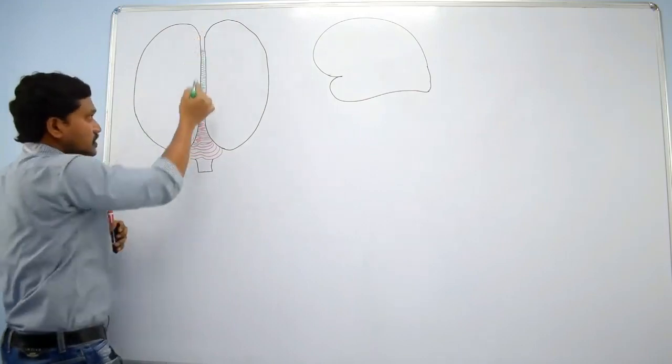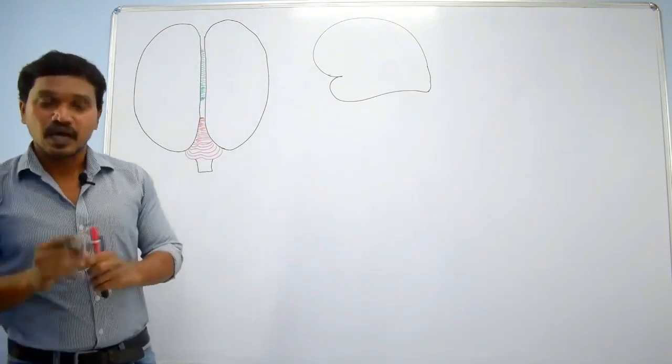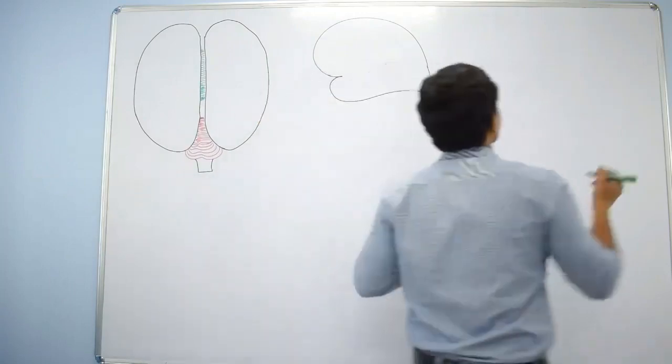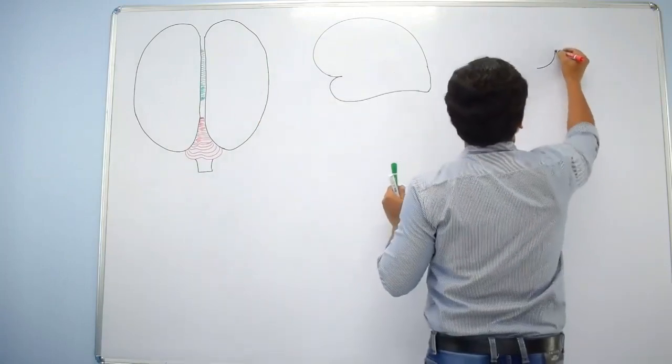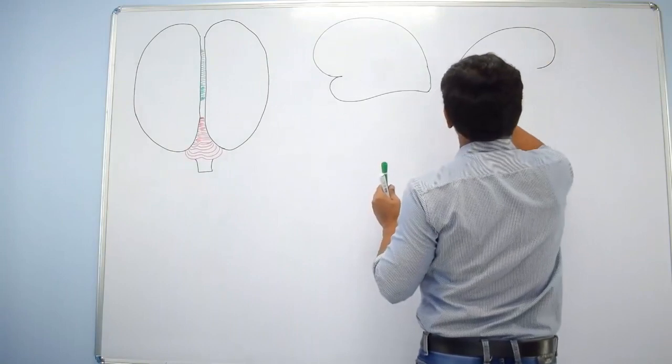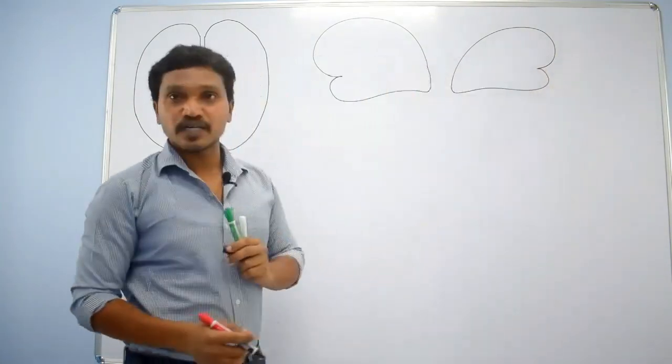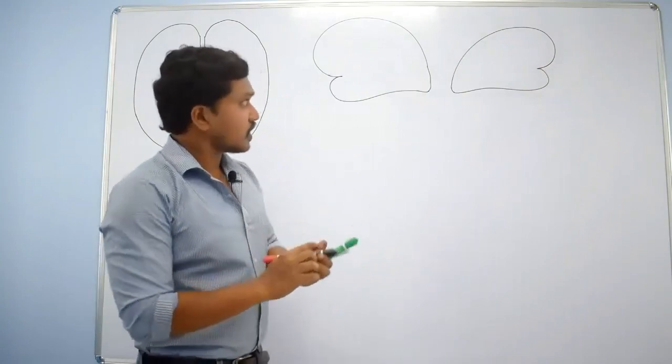Along that corpus callosum we made a section and I am showing it here. Here is the medial surface of the cerebral hemisphere.